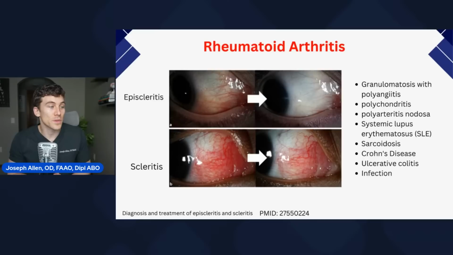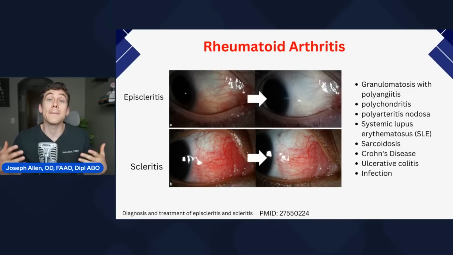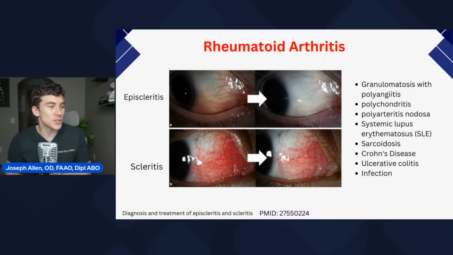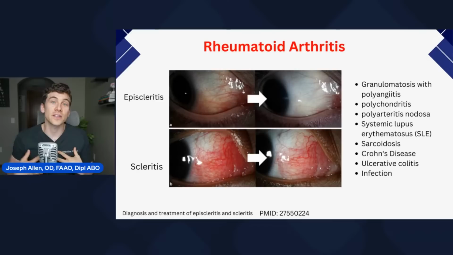Unfortunately, both episcleritis and scleritis can be associated with rheumatoid arthritis and many other autoimmune conditions, but scleritis is probably the worst one. Thankfully, we don't see scleritis too often, but whenever we do detect a scleritis in the clinic, we do have to order a lot of blood work to determine if there is some other form of autoimmune condition going on.